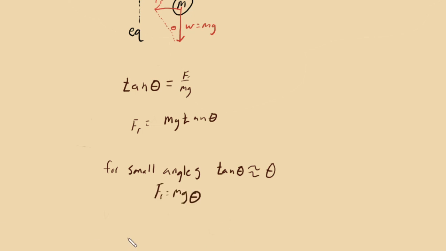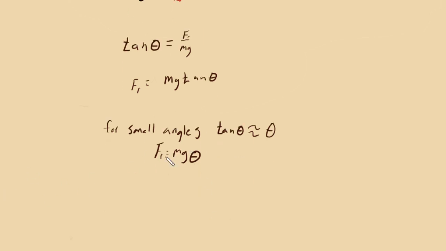Anyway, so we plug that in and we have our restoring force as just mg theta. And then of course, using Newton's second law, our acceleration is just our force divided by our mass. So our acceleration is going to be equal to negative g theta. The negative just comes from it trying to force the object in the opposite direction from how it's been displaced.